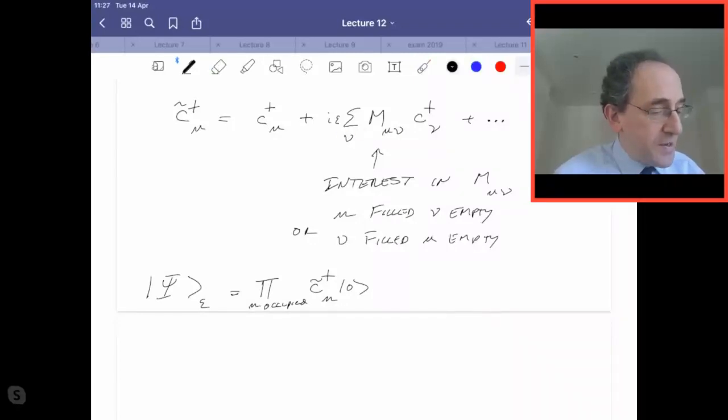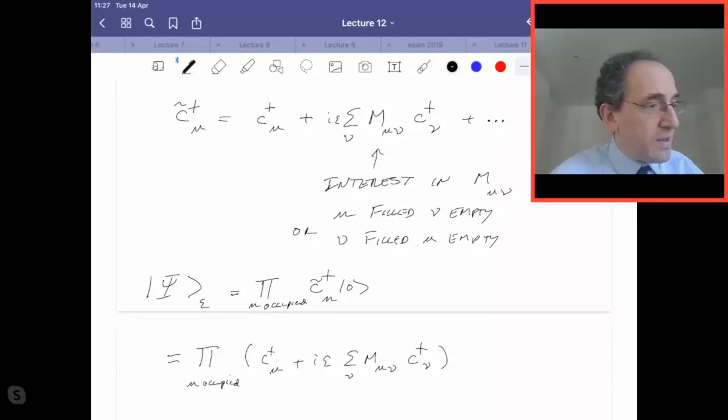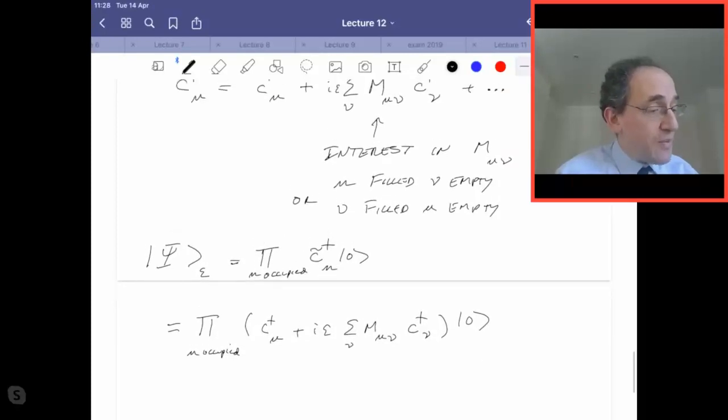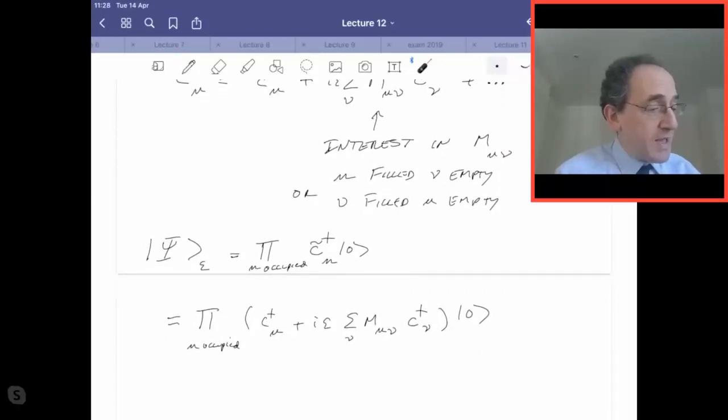So this is now, okay, the leading term is going to be, well, we'll write it this way. Product over mu occupied, c dagger mu plus i epsilon sum over nu, m mu nu, c dagger nu, all on 0. Now I'm only interested in expanding this to linear order in epsilon.